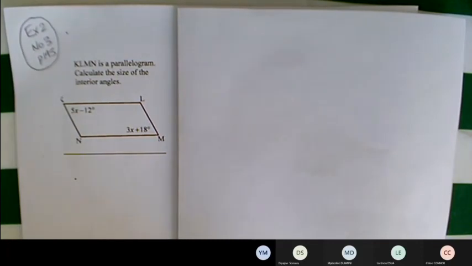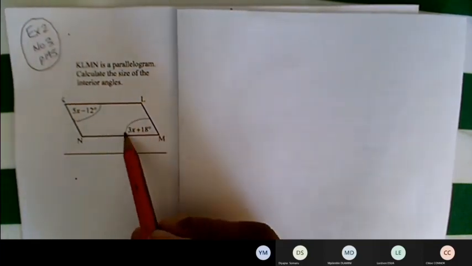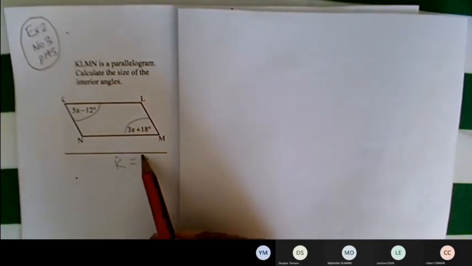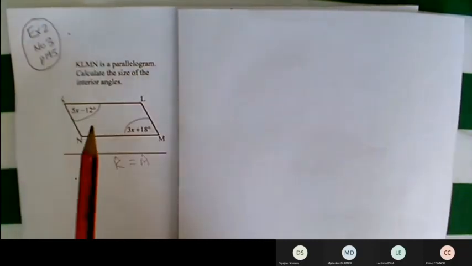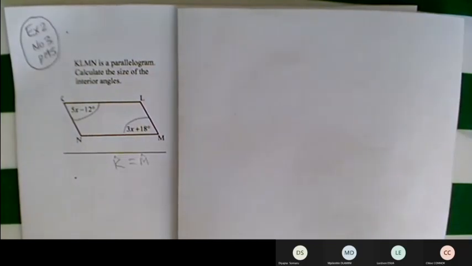This is clearly a very simple one. It's more like a grade 9, but you find that some don't get it. The first thing we need to say is that all of this angle equals all of that angle. So we know that angle K is equal to angle M, and we need a reason why. Let's look at what information they gave us. They said that KLMN is a parallelogram, so we know that the opposite angles of a parallelogram are equal.